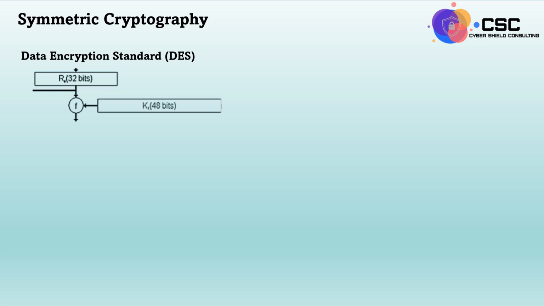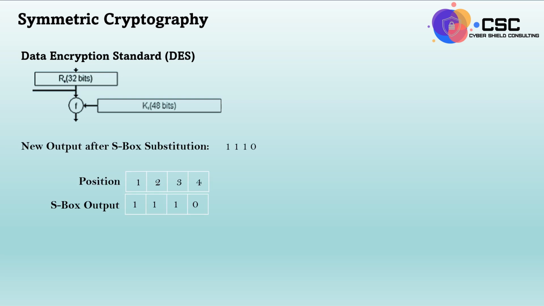Now that we have completed the S-box substitution, the next step in the Feistel function is the P-box permutation, followed by the XOR operation with the left half. The permutation box is used to rearrange the output bits from the S-box substitution. This ensures that the encryption spreads the influence of each input bit more evenly across the ciphertext, adding diffusion to the encryption process.